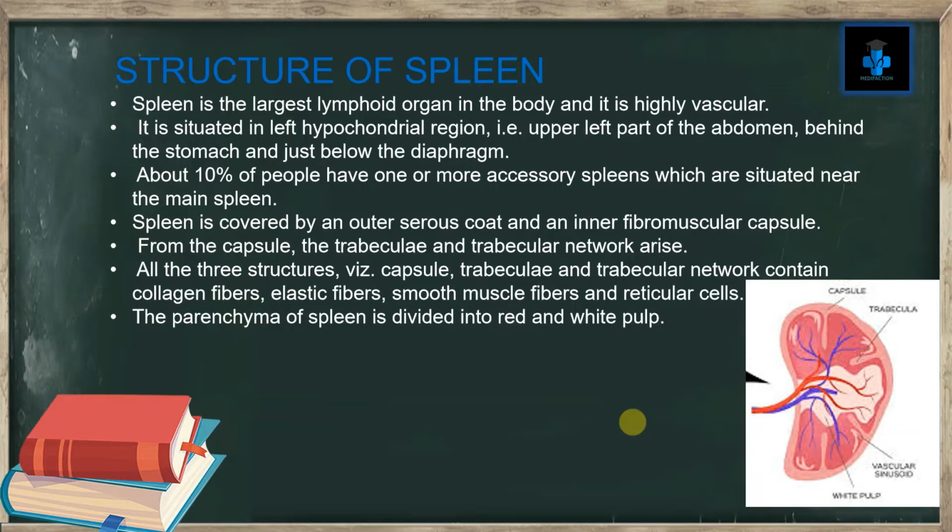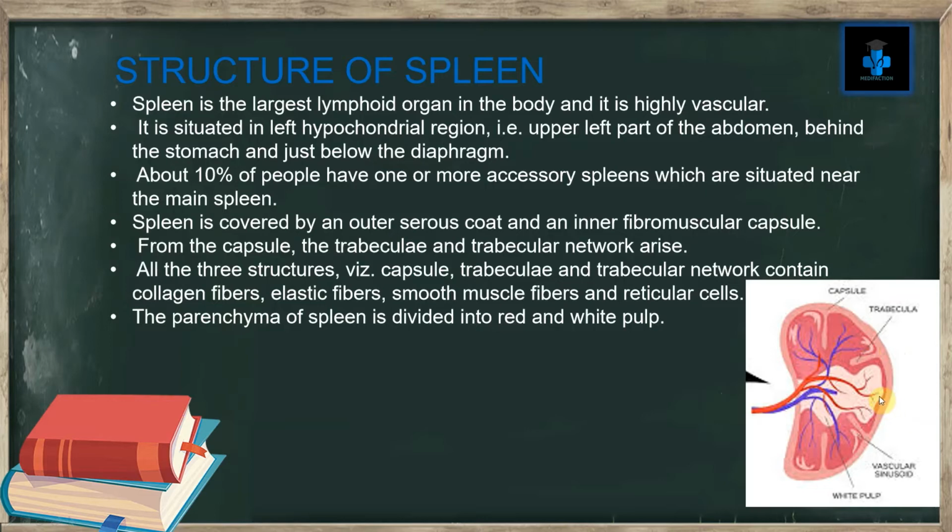Spleen is covered by an outer serous coat and an inner fibromuscular capsule. From the capsule, the trabeculae and trabecular network arise. Here we can see the trabeculae which arises from the capsule.